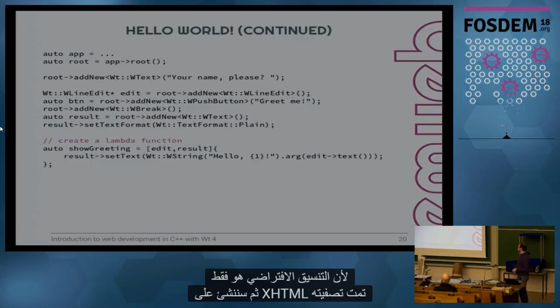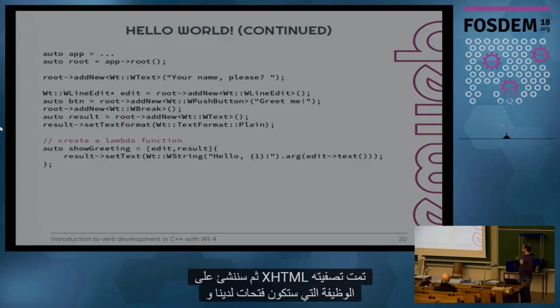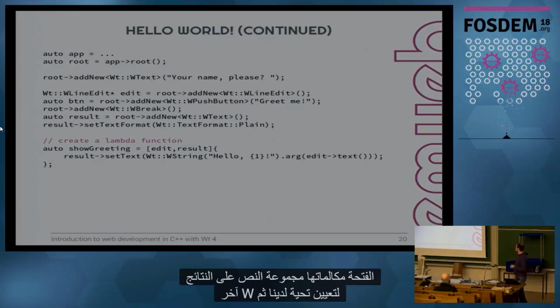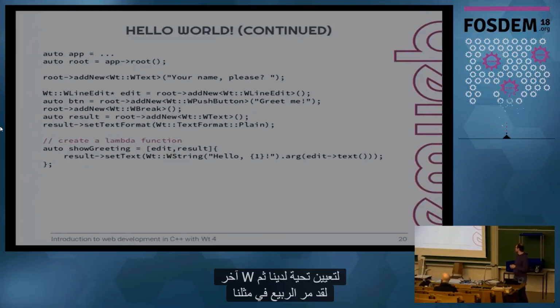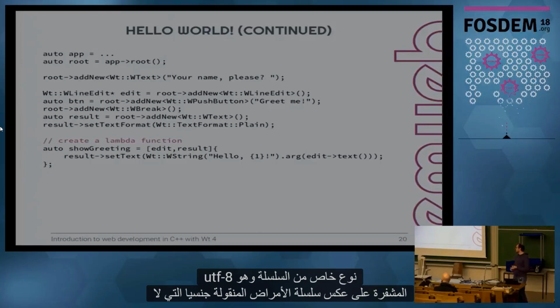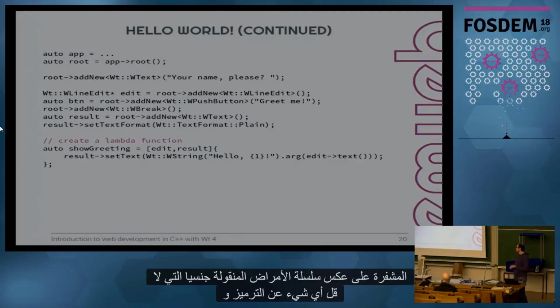And then we'll create a lambda function, which will be our slot. And this slot calls set text on results to set our greeting, and a W string is passed in, which is our special kind of string, which is UTF-8 encoded, unlike std string, which does not say anything about the encoding.